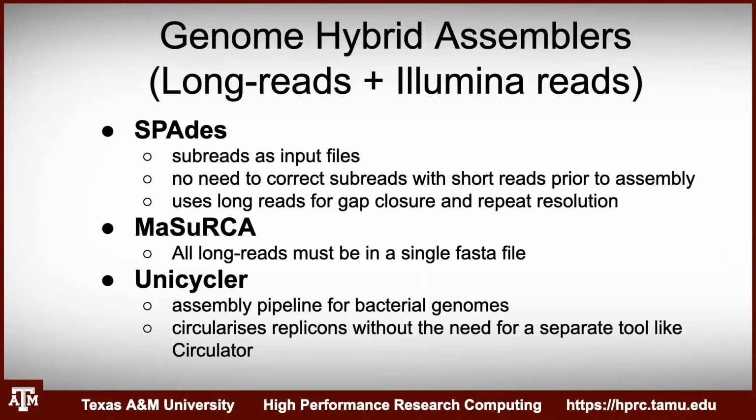There are several hybrid assemblers available on the HPRC systems to do this. SPAdes is a very popular one. It actually takes the PacBio subreads directly as input files, so there's no need to correct the subreads with the Illumina data prior to assembly. It uses those long reads to close gaps within the scaffolds and to resolve difficult to sequence repetitive units.